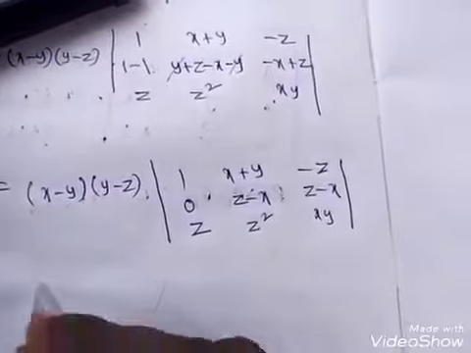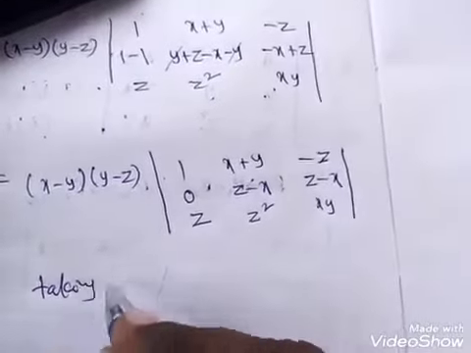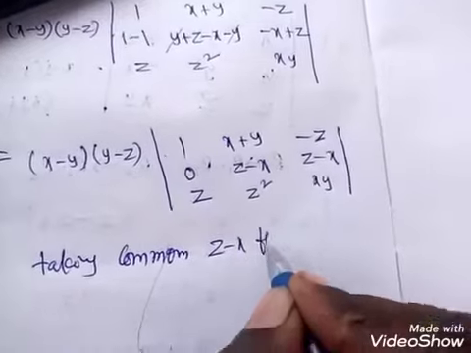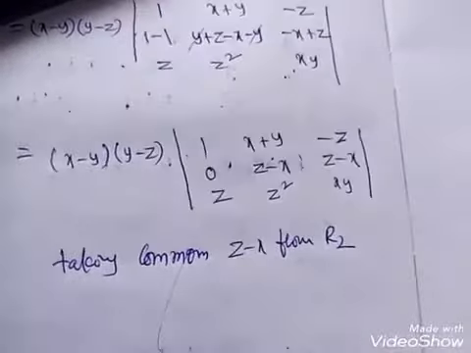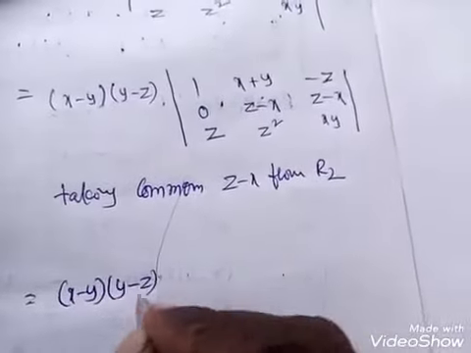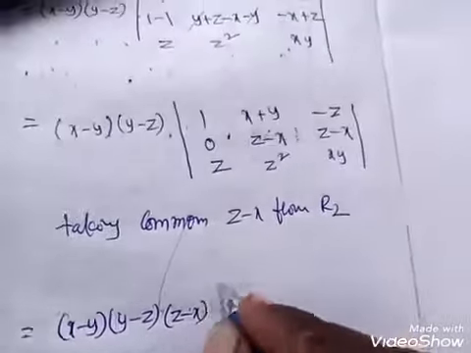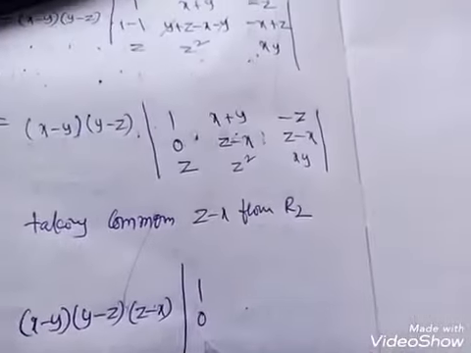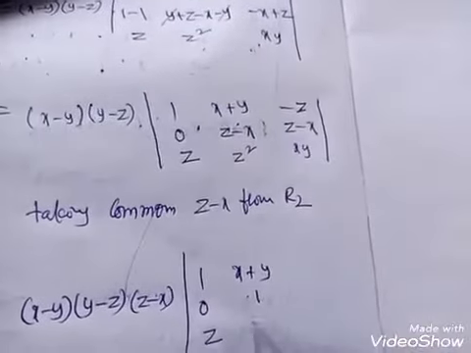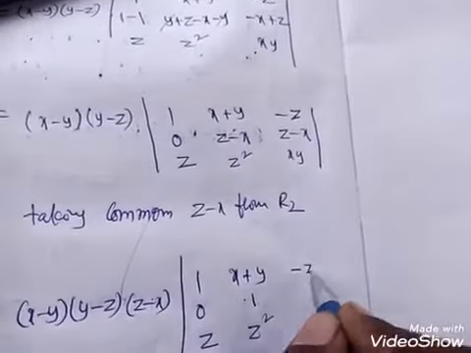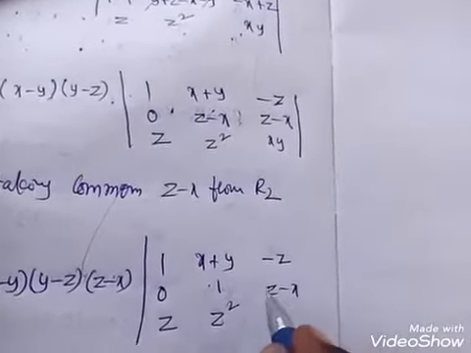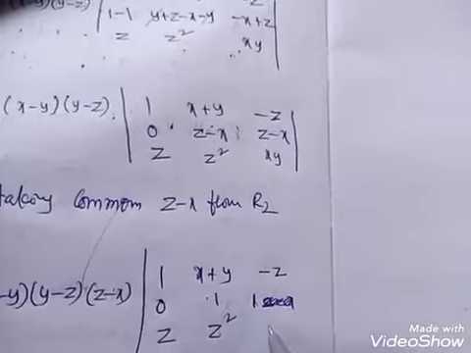Now what can you take common? Taking common z minus x from R2, then what are you going to get? This one is x minus y, y minus z, z minus x into the determinant of 1, 0, z, x plus y, 1, z square minus z, 1 and xy.